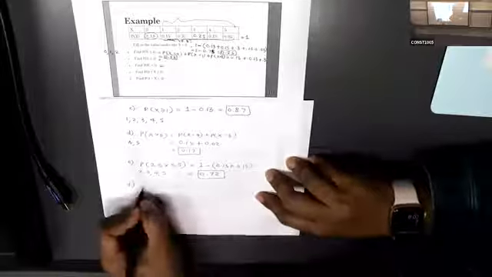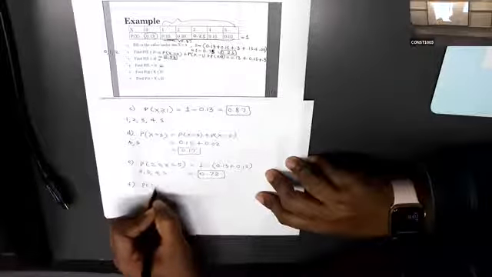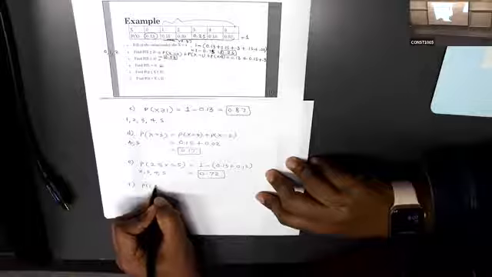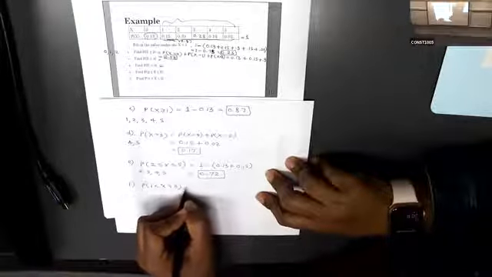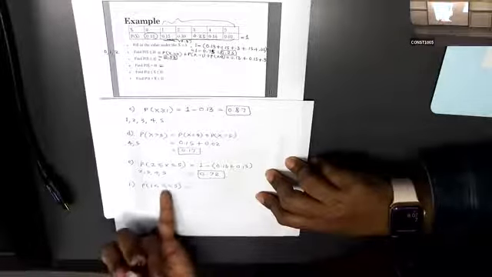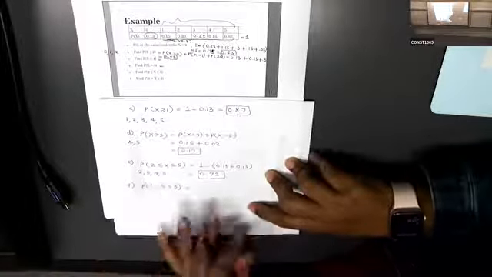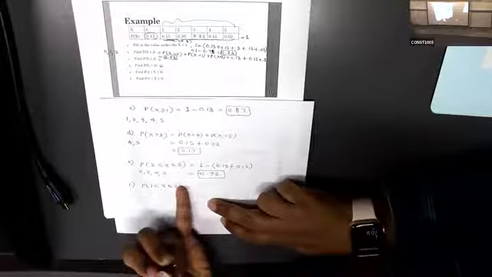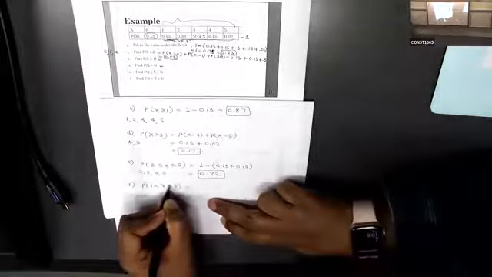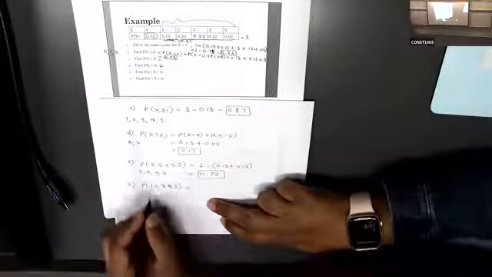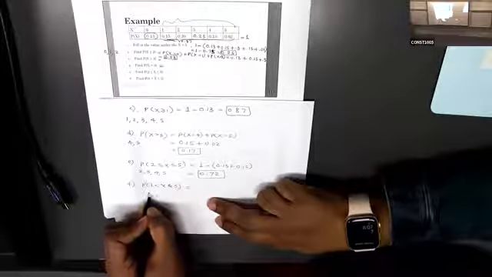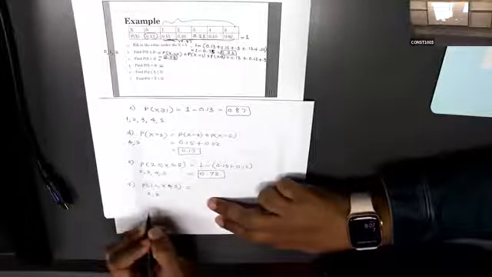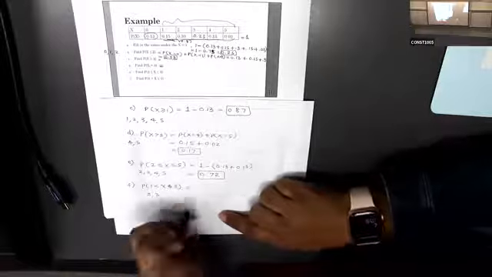The last one, the probability of x values greater than 1 and less than or equals to 3. Okay, here greater than 1, we don't have the equal mark, but on this side we have the equal mark. Then what are the possible x values? Yeah, 2 and 3. In here we can just pick those two probability values.